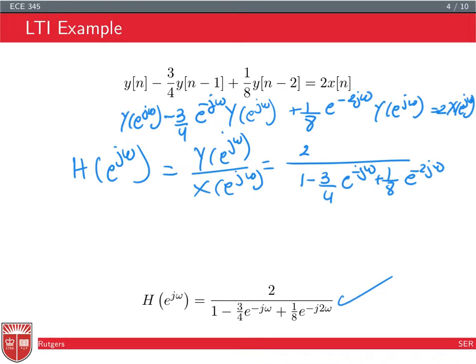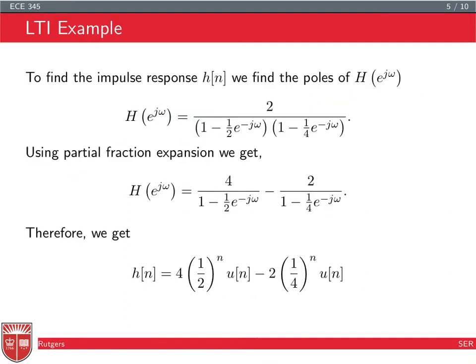Now to find the impulse response, I have to invert this function. To invert this function, we need to find its poles and then do partial fraction expansion, and that's what I want to do on the next slide. You find the poles of the denominator by solving a quadratic equation, and you can find that H(e^{jω}) has 2 poles, one equal to 1/2 and one equal to 1/4.